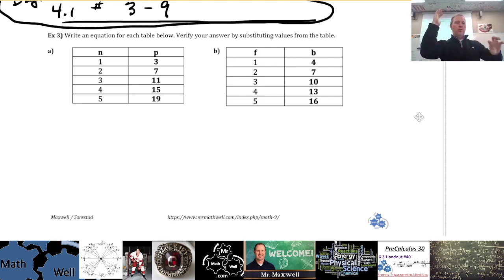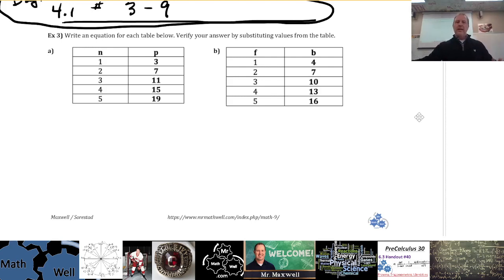This variable might be something like time, and this variable might be something like the distance you travel, for that example. And so a linear relation would have a graph, a collection of points that would be a perfectly straight line, which means that it's pretty easy for us to write an equation by looking at the points. So we're up to speed here now.